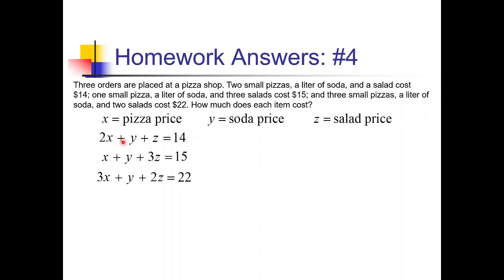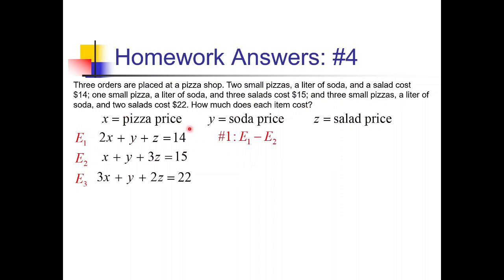All right, and I'm going to label each of these equations E1, E2, E3, corresponding to my 3 orders at this pizza shop. So in terms of variables that I can eliminate, they're all going to be pretty easy, but I think Y is the easiest of all. They're literally all 1Y. So I just need to take one of these equations, multiply it by -1, and add it to the other ones. So just to start this off, I have to start somewhere. I'm going to go with E1 plus negative E2, or E1 minus E2.